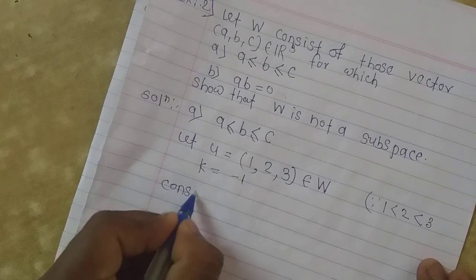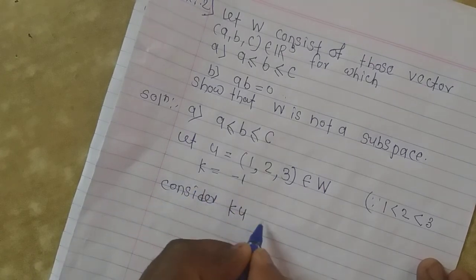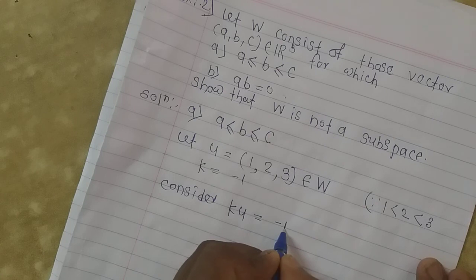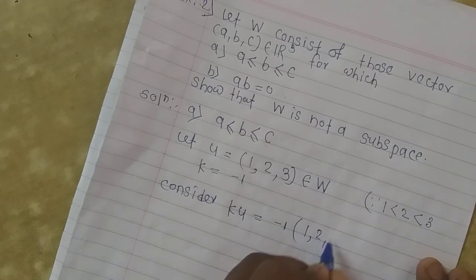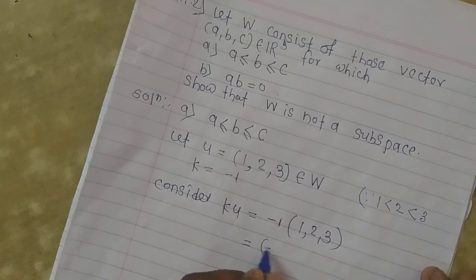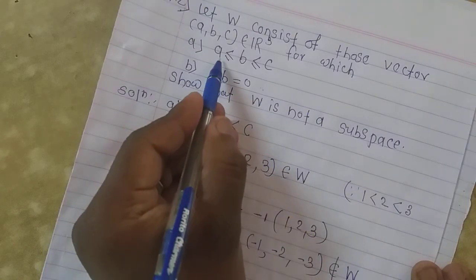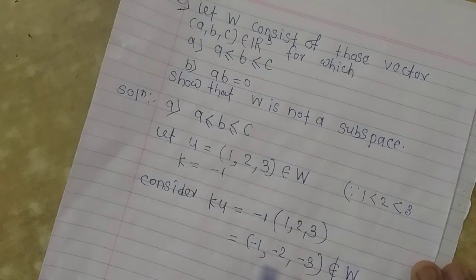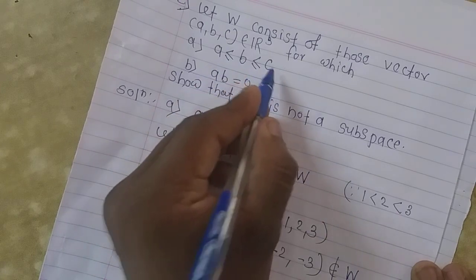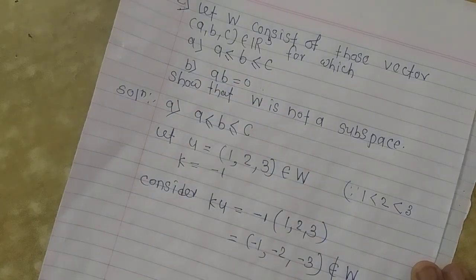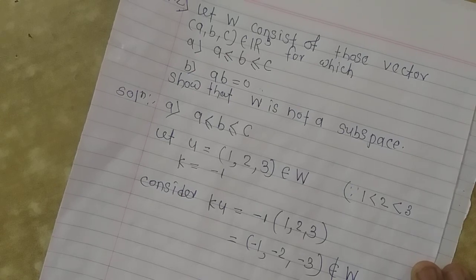Then consider KU is equal to K, which is minus 1, times (1, 2, 3). Multiplying by minus 1 gives (minus 1, minus 2, minus 3), and that does not belong to W. Why? Because the condition is A is less than or equal to B is less than or equal to C, but here minus 1 is greater than minus 2, which is greater than minus 3.